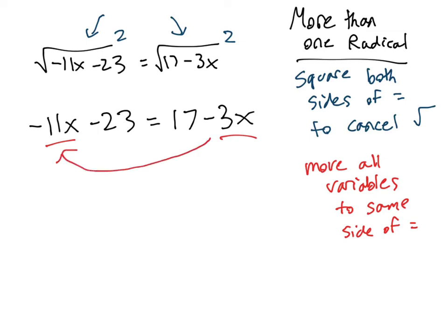So in order to do that, we can add 3x to both sides of the equation. Negative 3x plus 3x will cancel out. And when we have negative 11x plus 3x on that other side, that gives us negative 8x.